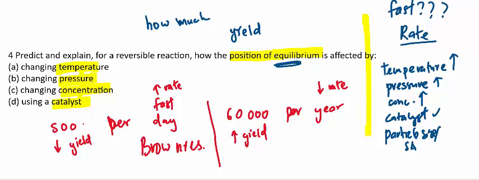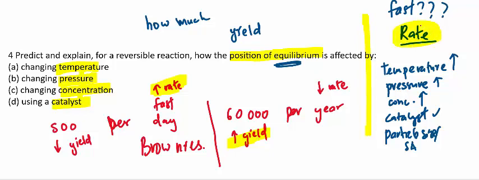But what if I change it to 500 per day? Also not that good, right? It depends if you work every day. So what do you think the factory will want? A lot of yield or a lot of rate? Both. They want both.